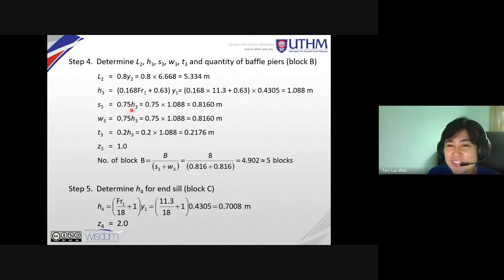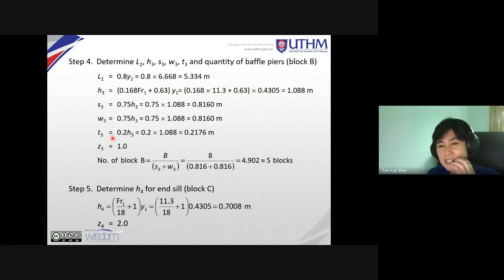So S3 is 0.75 times 1.088, which is therefore 0.816. So W3 is the same as S3. You can write W3 equals S3 equals 0.816. I don't mind. The thickness is 0.2 H3.